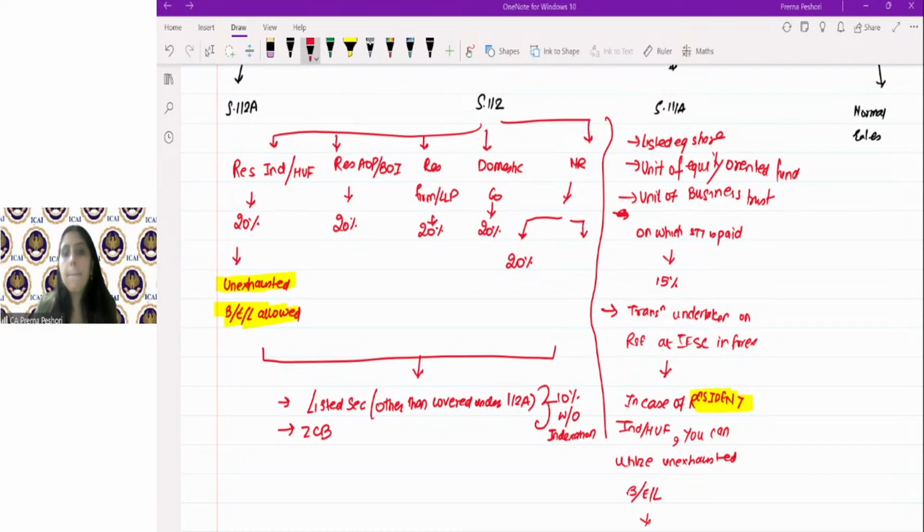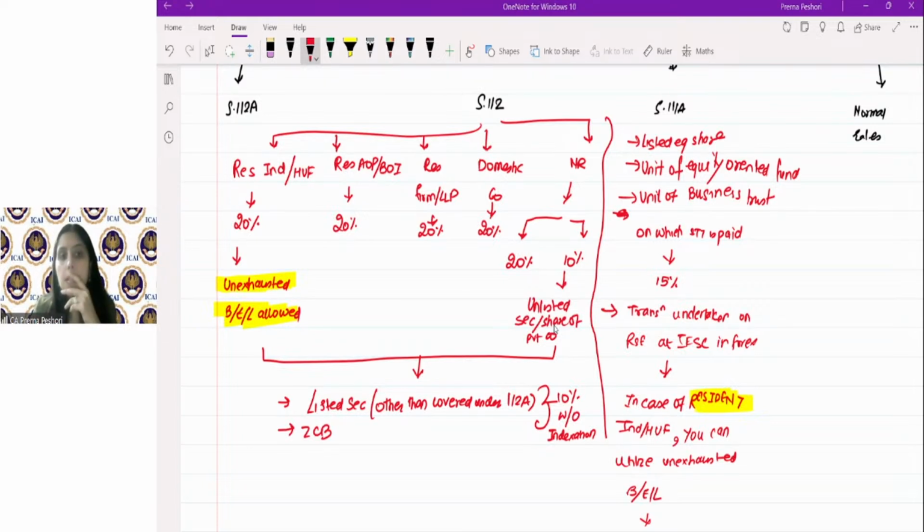Only for non-resident, okay? Unlisted securities or shares of a private company, it is 10%.